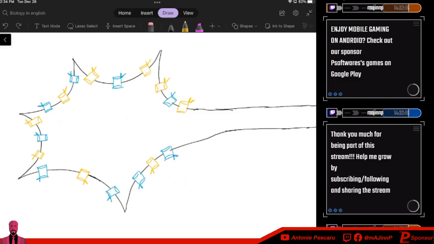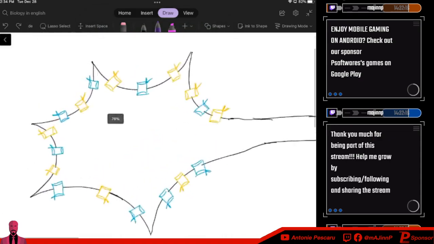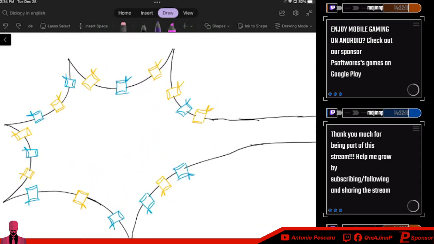So let's start things first at the top, at every single part of the dendrites. The thing that happens is that you need other neurons to already have sent neurotransmitters.